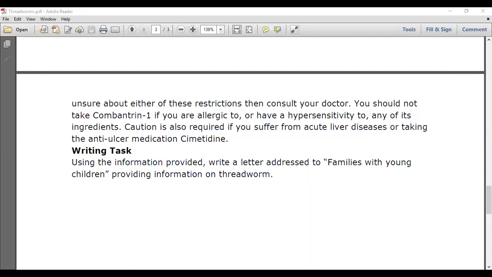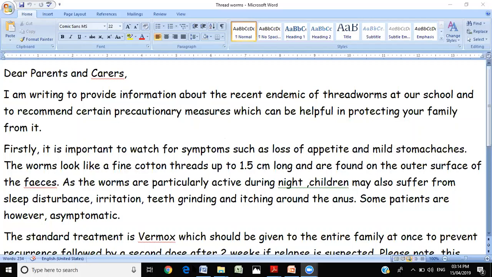So there will be no address because you are writing to a group of people. It will directly start with "Dear parents and carers". Above this you will have the date of the exam. Most of the time it will be the date of the exam: the date on which you are writing the exam will be the date on which you are writing the letter.